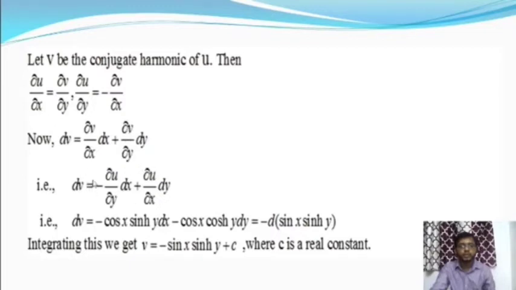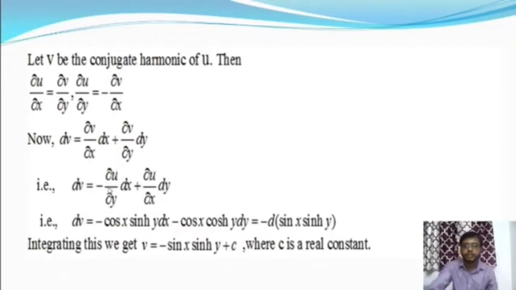So dv is equal to minus del u del y times dx plus del u del x times dy. And the value of del u del y, I have already found in the partial differentiation.